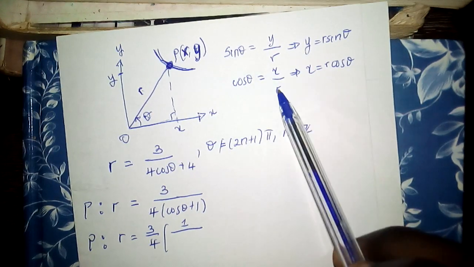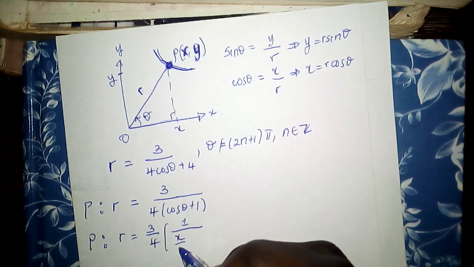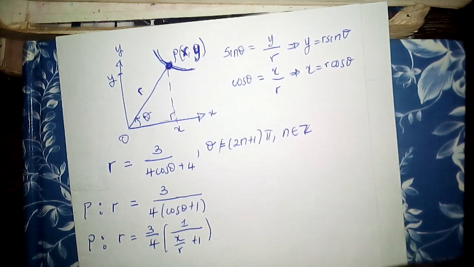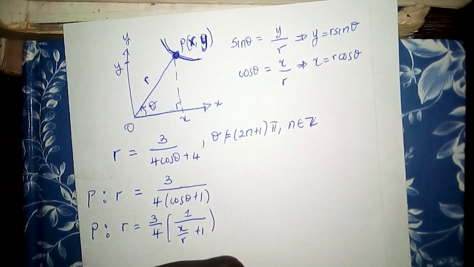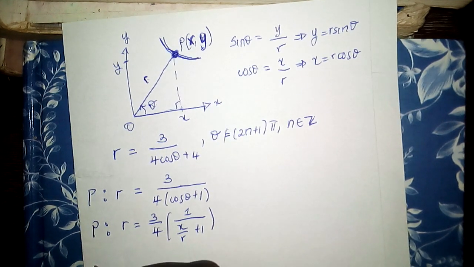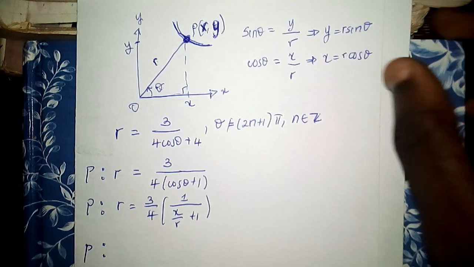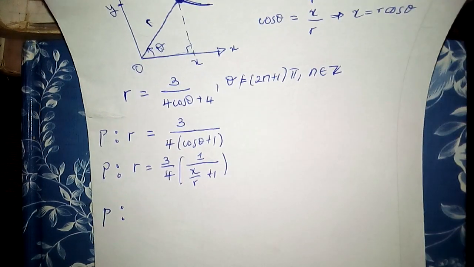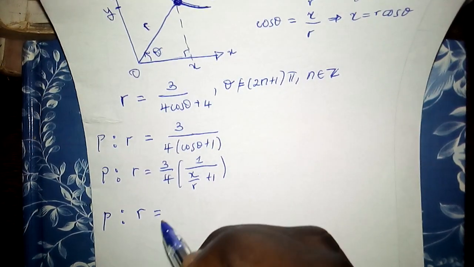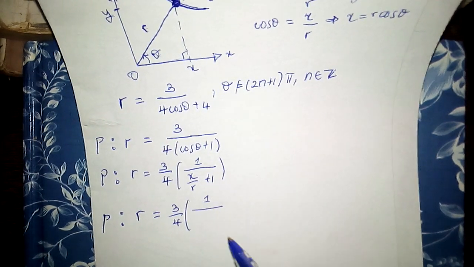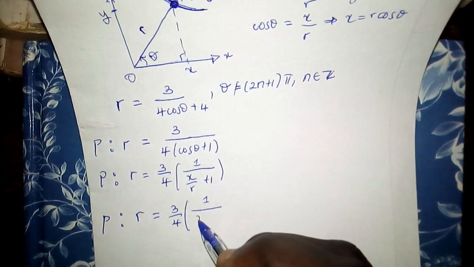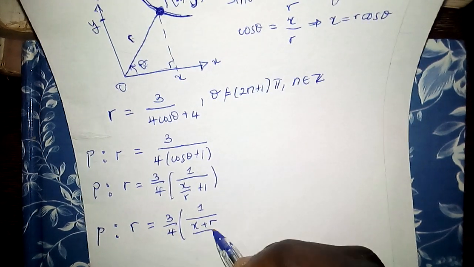Cos theta is x divided by r, x divided by r plus 1. Remember, we need to change everything, all the angles and the functions in theta, to be in x and y. So with that said, our r will be equal to 3 divided by 4 into 1 divided by, now the LCM here is r, so we get x plus r then divided by r.